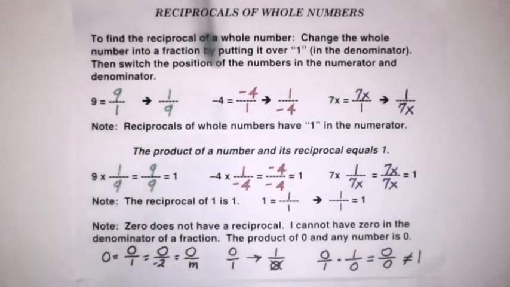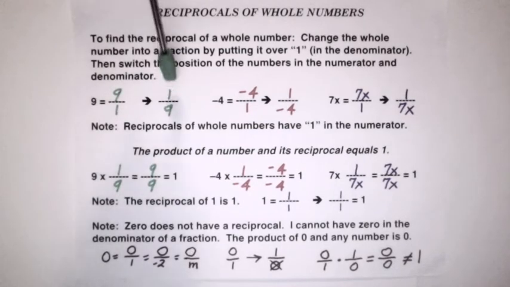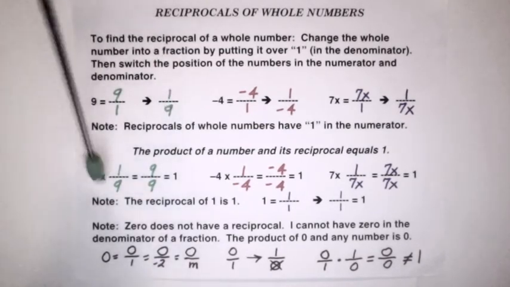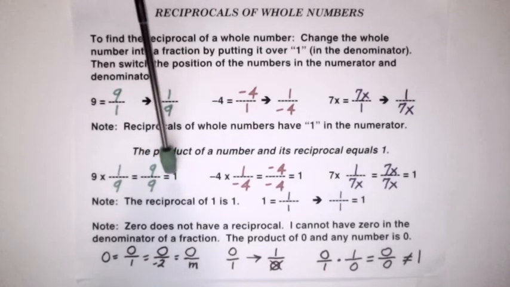Let's look at the examples that we used earlier. The number 9 times its reciprocal 1/9 equals 9 over 9, which equals 1.